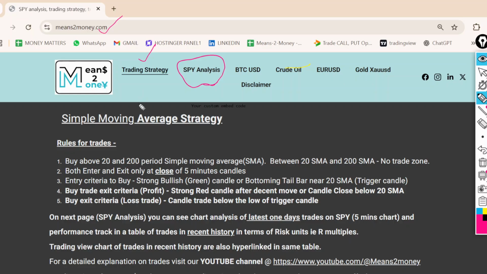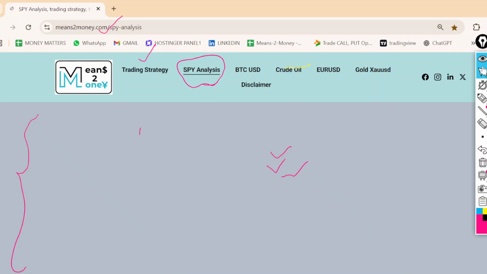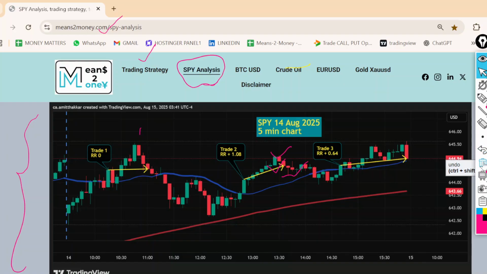First page basically shows us the strategy and the rules to enter and exit. And if you go to the second page, SPY analysis, this is a chart we have updated.